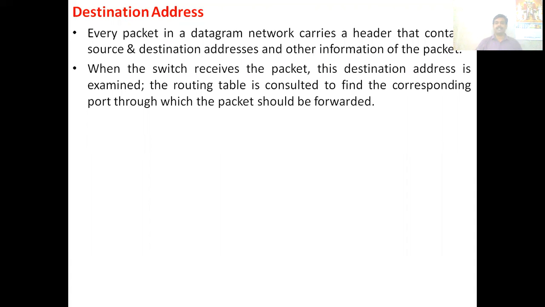In the header of this datagram, you will have the source address and destination address. Whenever a switch receives the packet, it will check the destination address and route it to the particular destination.